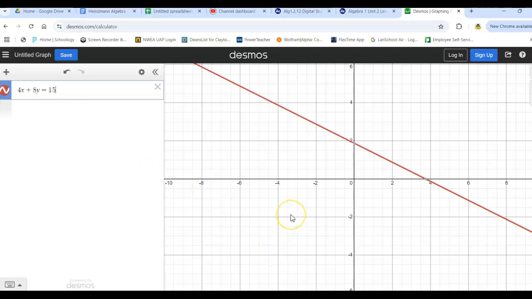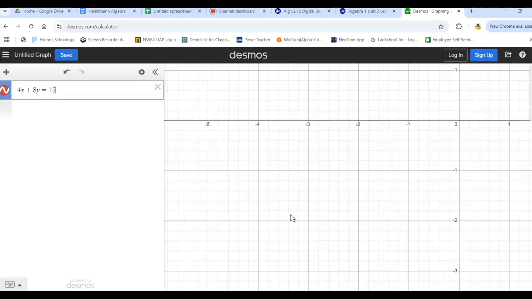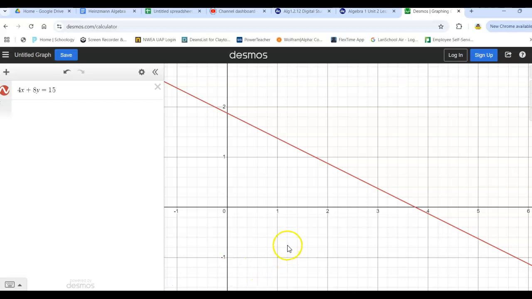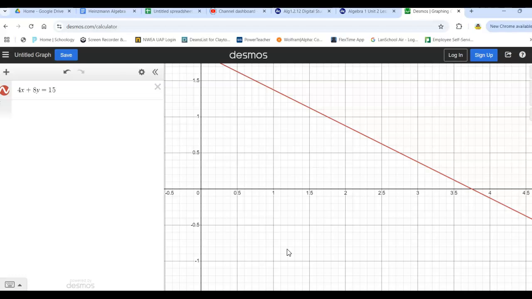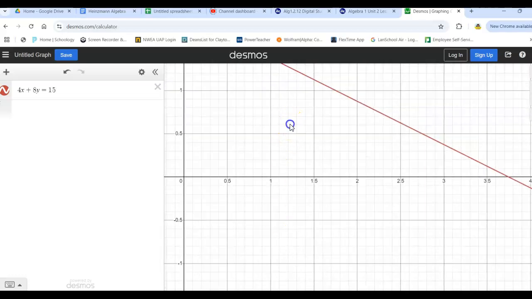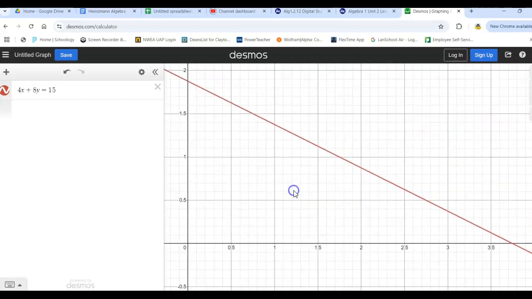Now you can drill down a little bit on this. You can change your scale a little bit so that when they ask you to fill in your table, you find your X value and then you just click on the graph and it'll tell you what the other value is.